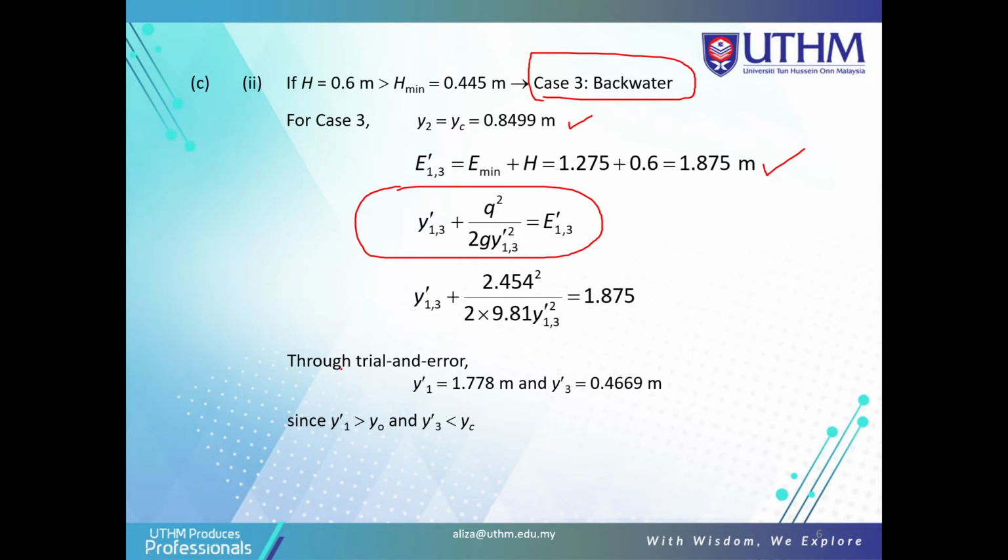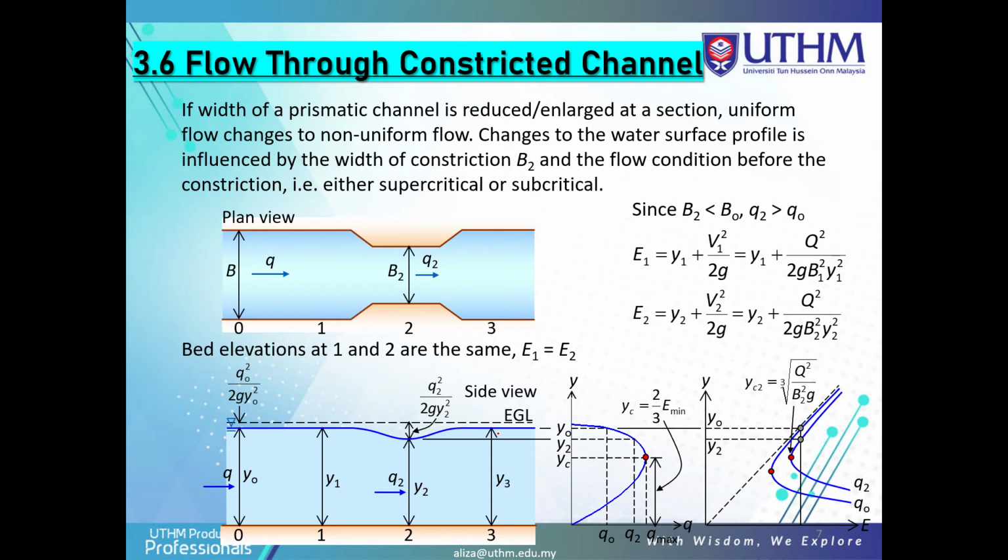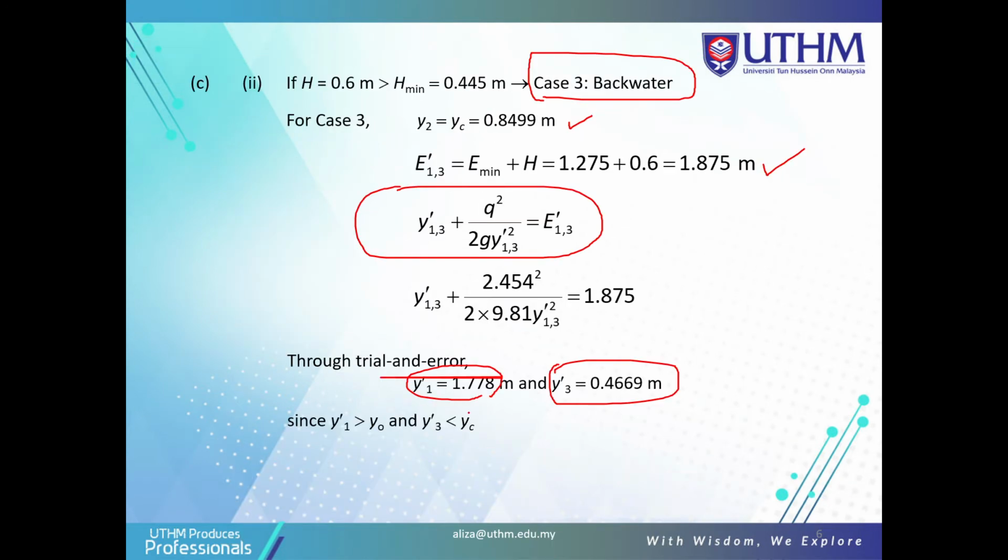Then through trial and error, based on 1.857, you get the y1 and the y3 here. Since y1 is more than y0 and y3 is less than yc, we get the value here based on the trial and error method.